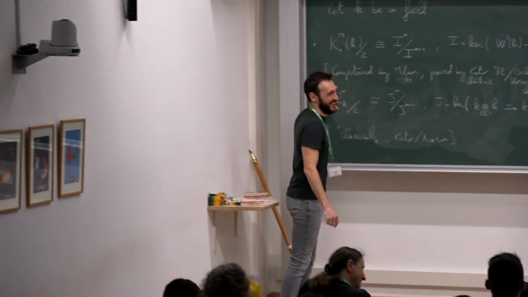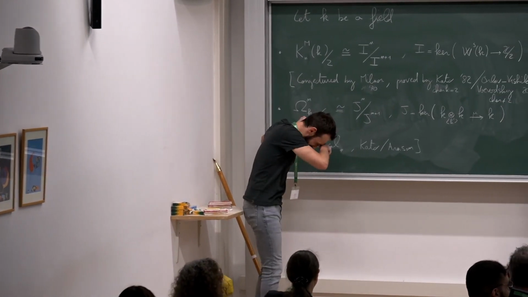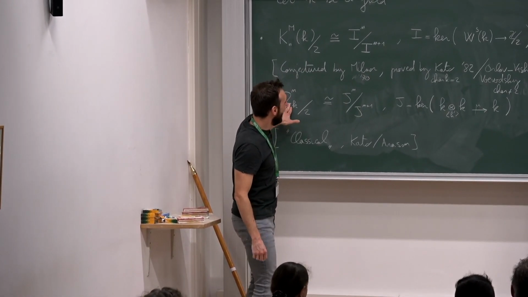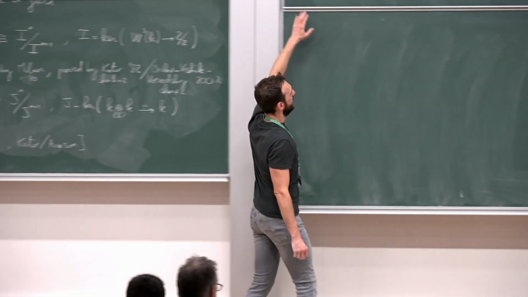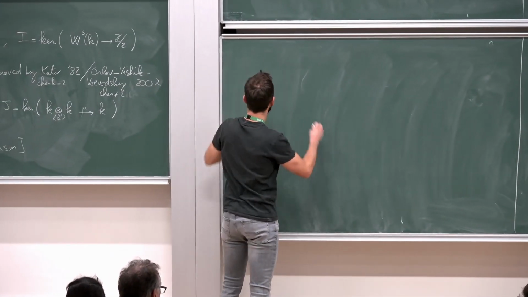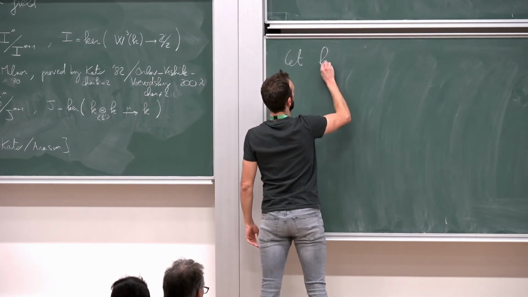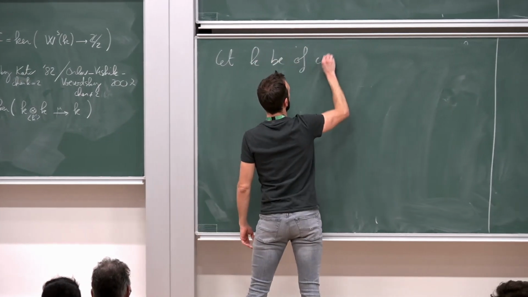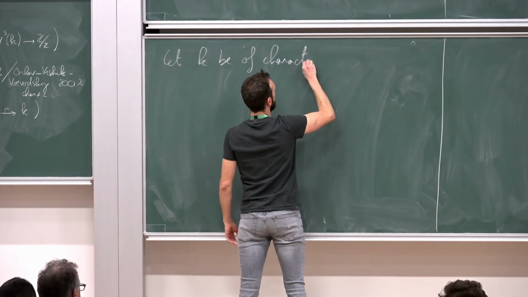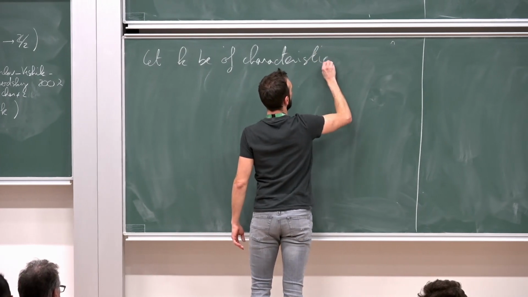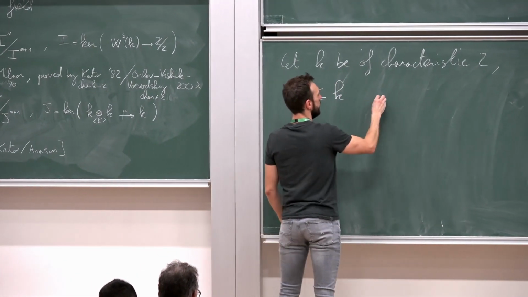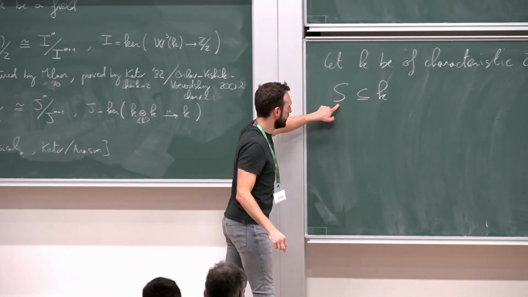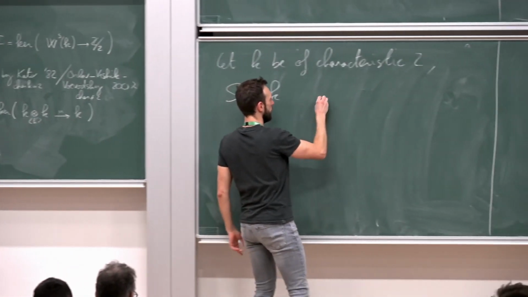So we define this thing, and then, what about this? Well, it's almost all there. Let me take K to have characteristic 2. Then I can look at the squares inside of K. Because the characteristic is 2, this is an additive subgroup, so that's a subfield.